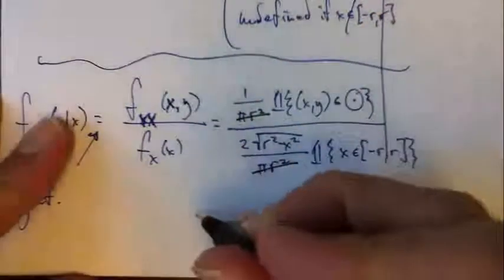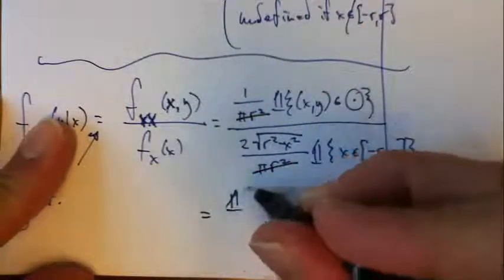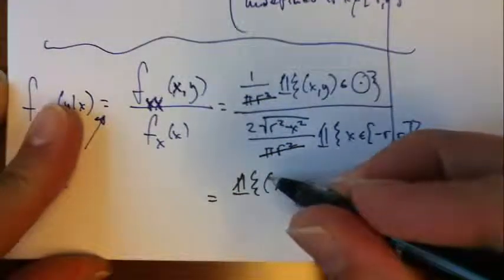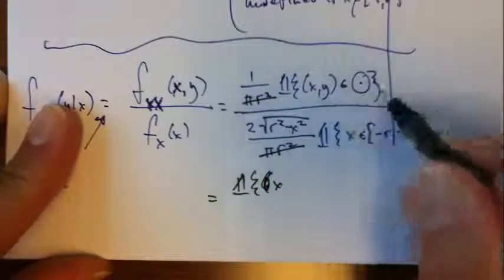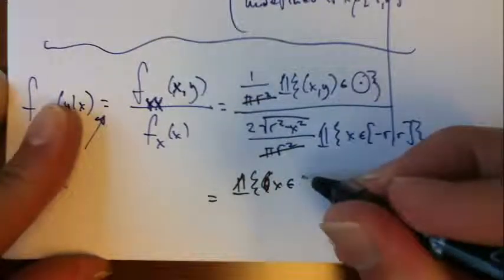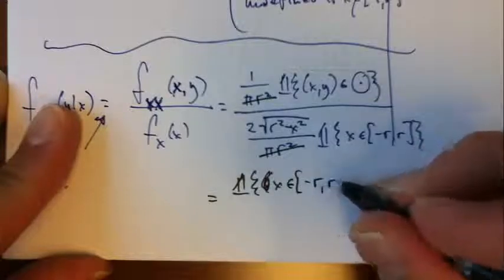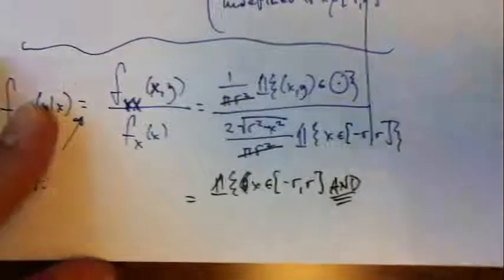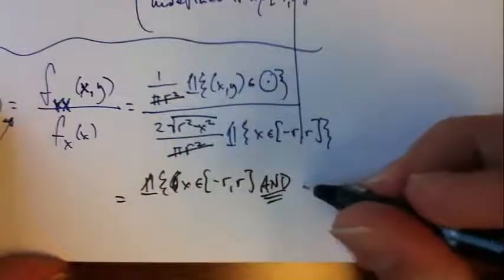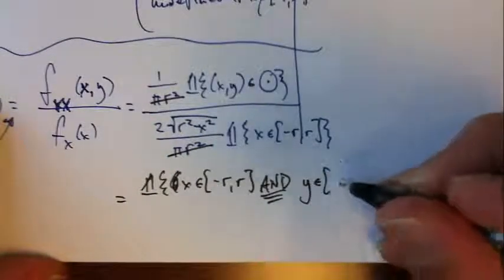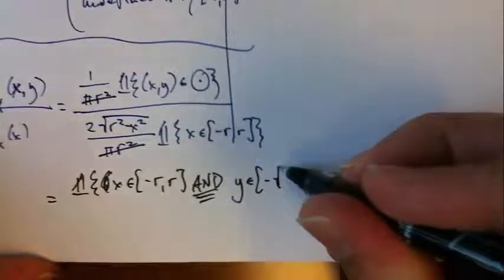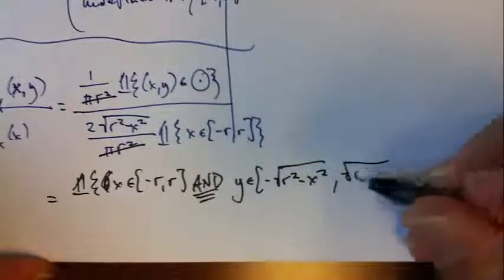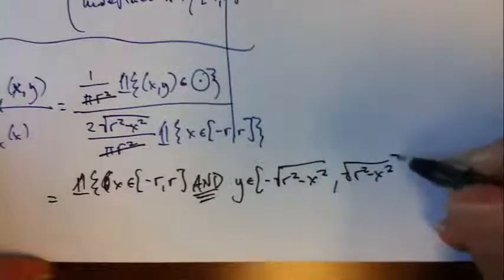Another way to say that x and y are in the circle is that x falls between negative r and r, and y falls between negative root r squared minus x squared and positive root r squared minus x squared.